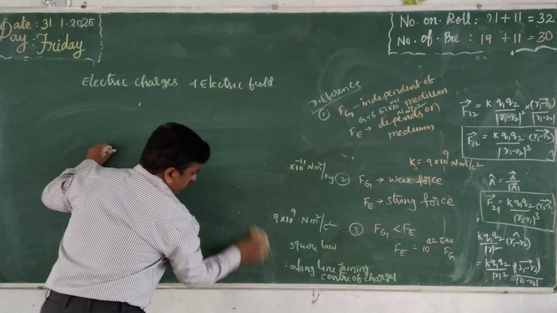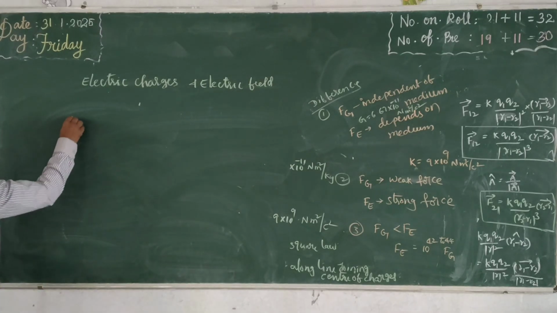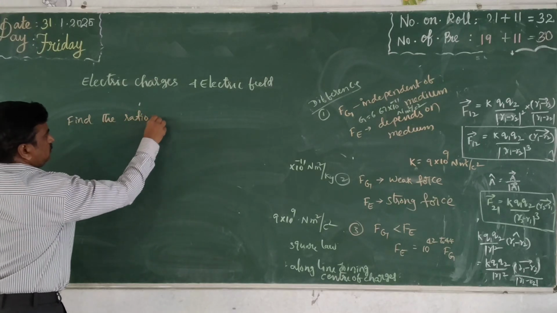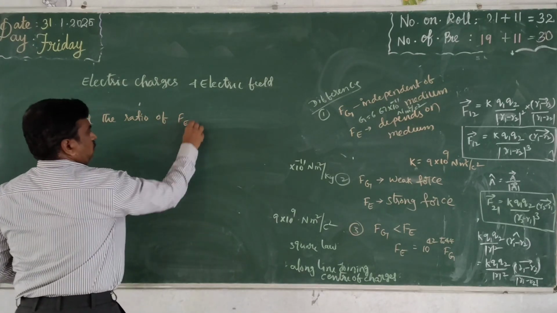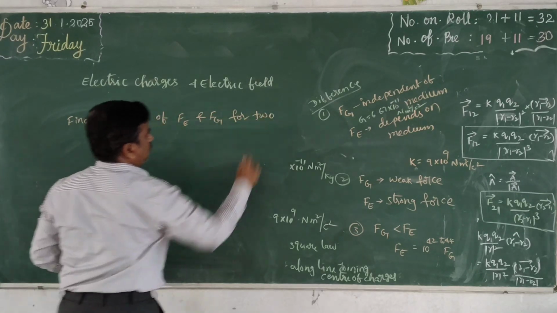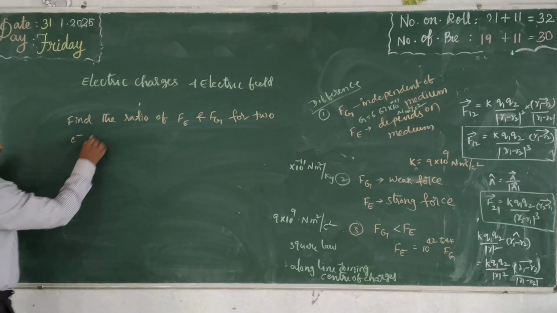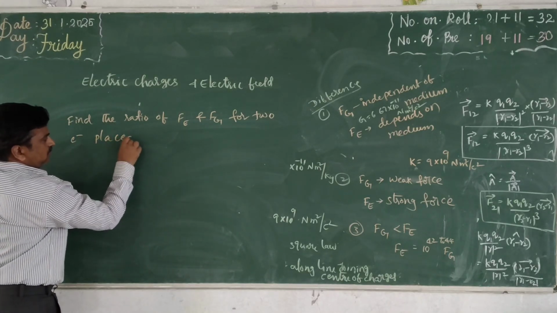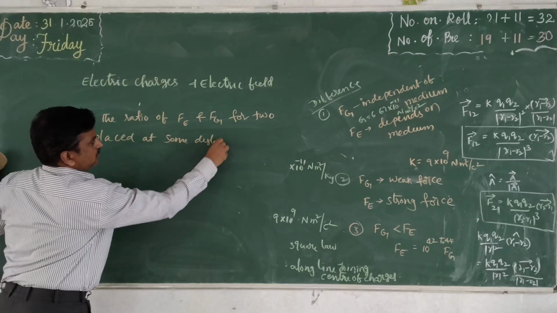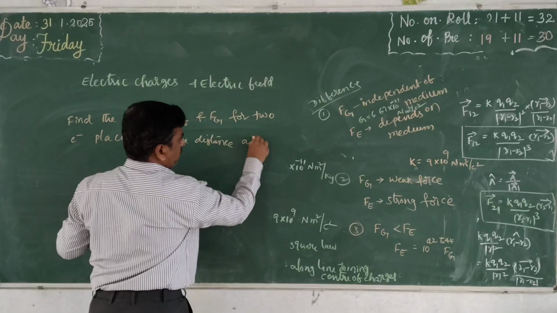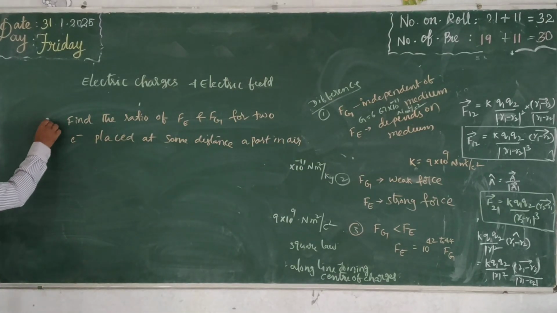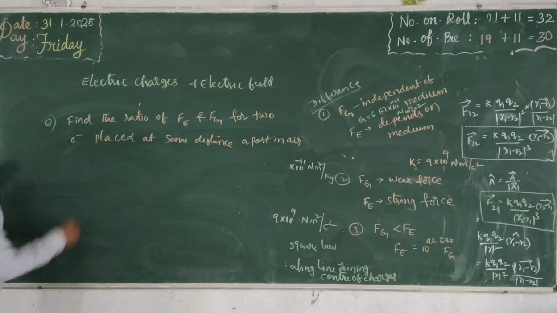Find the ratio of electrostatic force and gravitational force for two electrons placed some distance apart in air medium. See how to solve this one. First we write the electrostatic force.